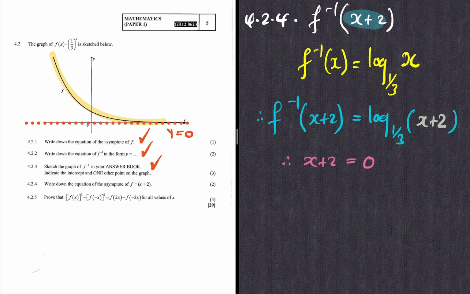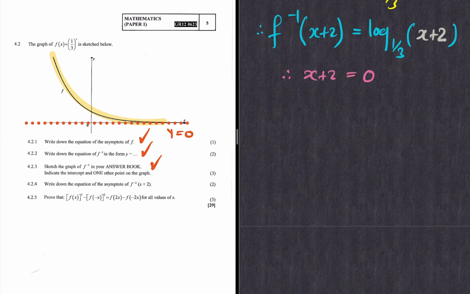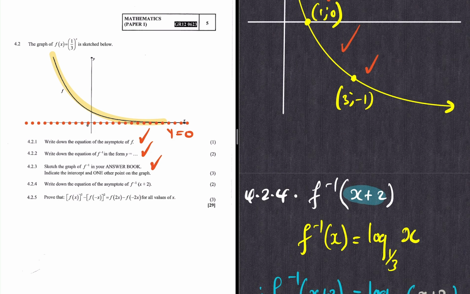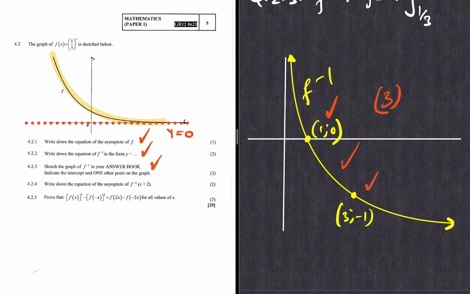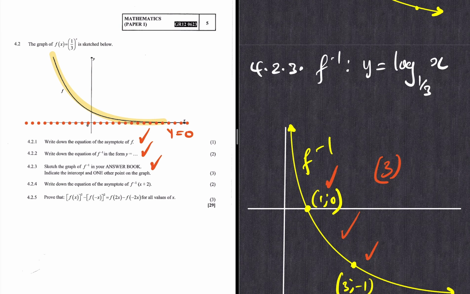Think about it. Any log of 0 is undefined. That's why we're saying whatever is inside the logarithm must be 0 in order for that to be the asymptote. Therefore, x equals -2 is the equation of the asymptote. Just to emphasize this point, you see this graph here, it has the argument of x.